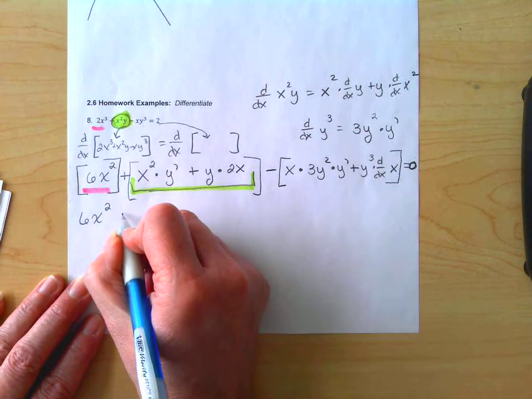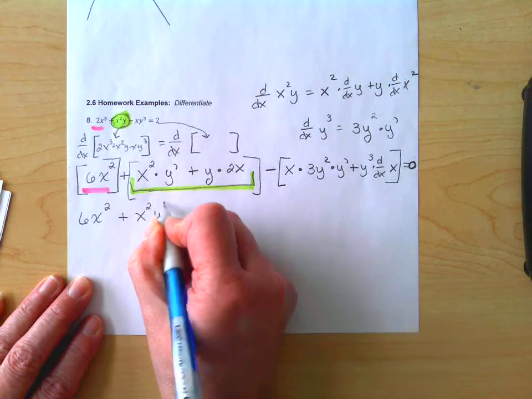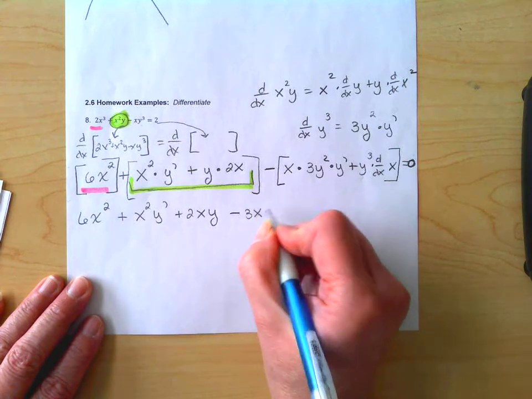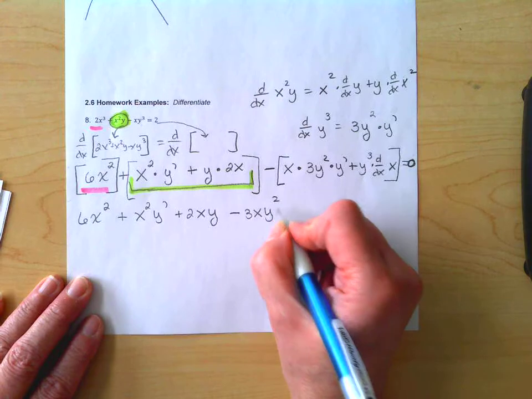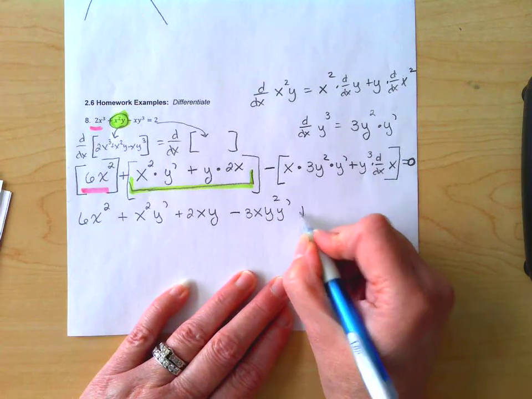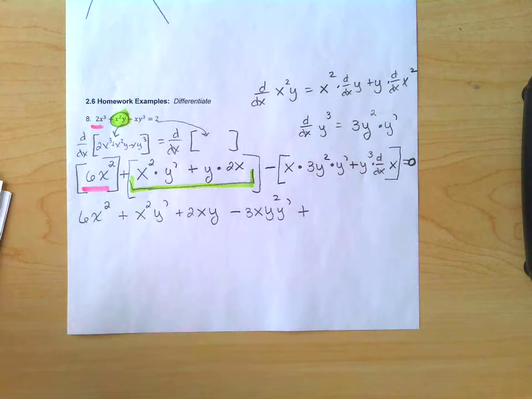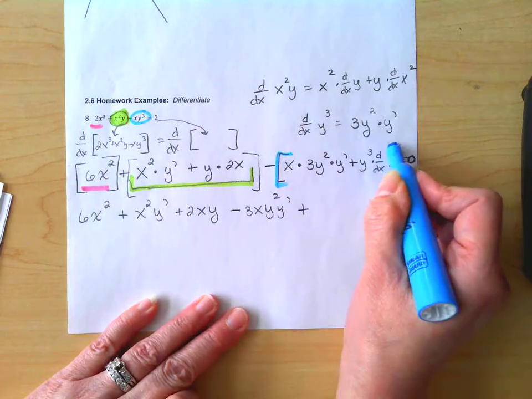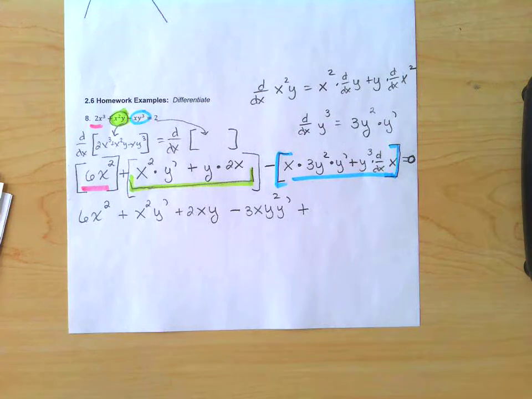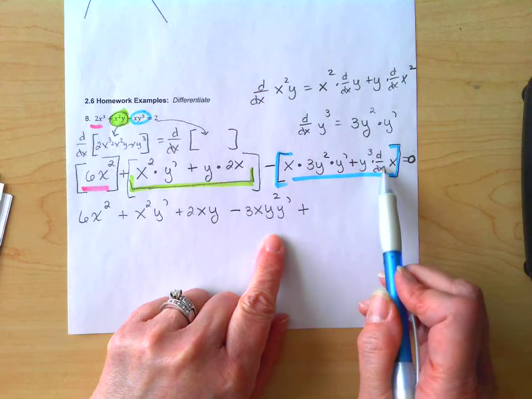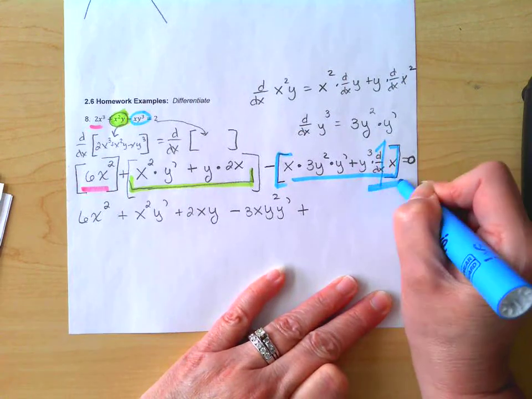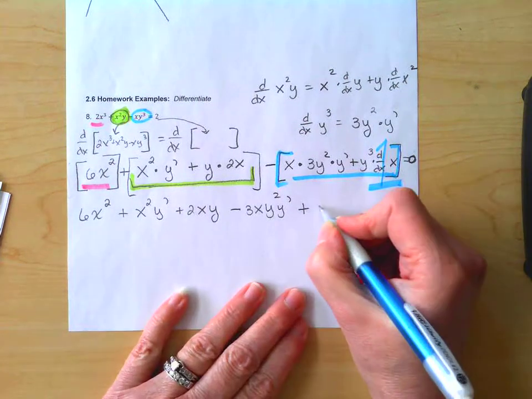We'd have 6x squared plus x squared y prime plus 2xy minus 3xy squared y prime plus, now remember, when we did this derivative of xy cubed, we got this whole piece here, and when we did the derivative of x with respect to x, that just turned into a 1. So our last piece is the y cubed.